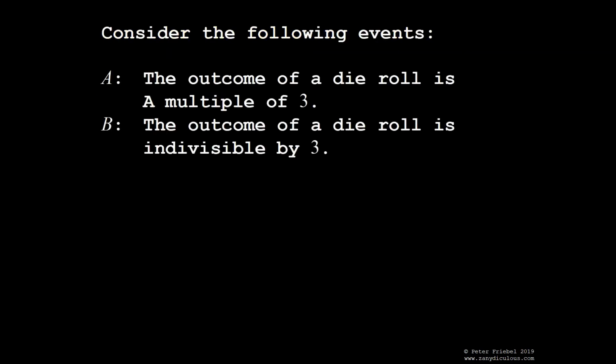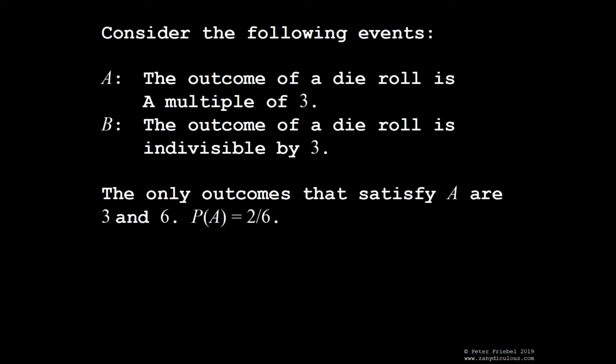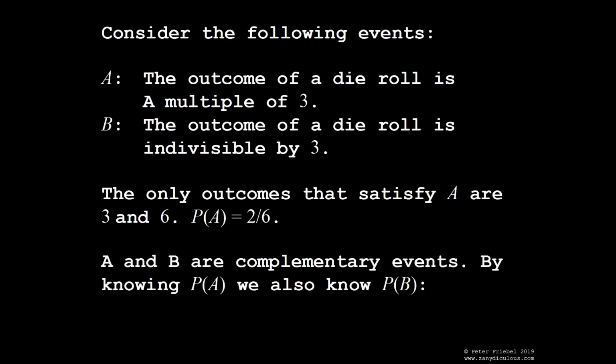Consider the following events. A. The outcome of a die roll is a multiple of 3. And B. The outcome of a die roll is indivisible by 3. The only outcomes that satisfy A are 3 and 6. The probability for A is 2/6. A and B are complementary events.